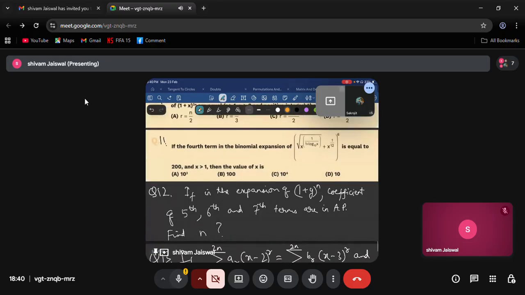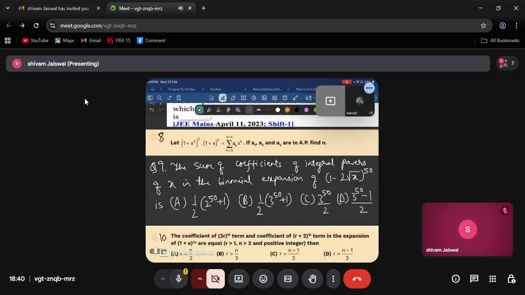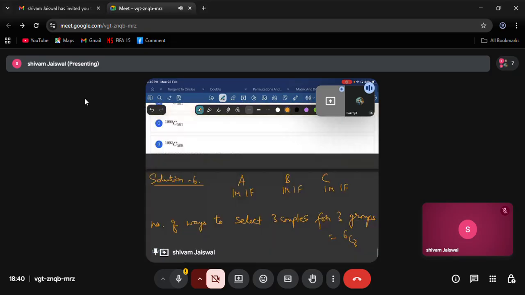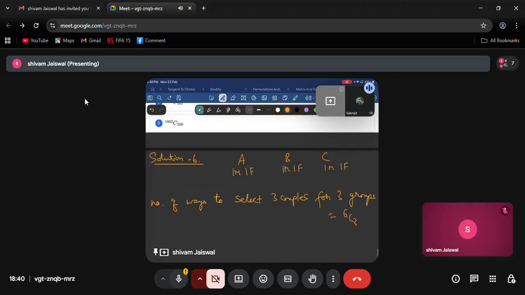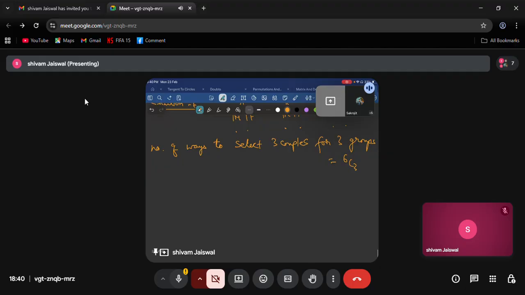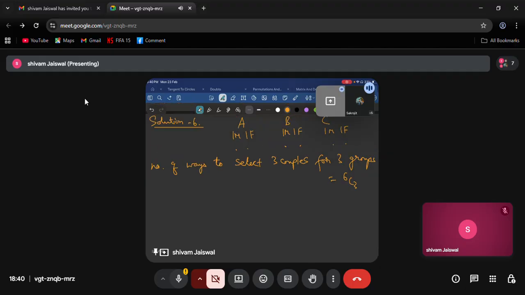Next, there should be two males and two females. So there should be two males over here. I need one more male and one more female in each group, but they should not be the same couple. So I'll put three males first.